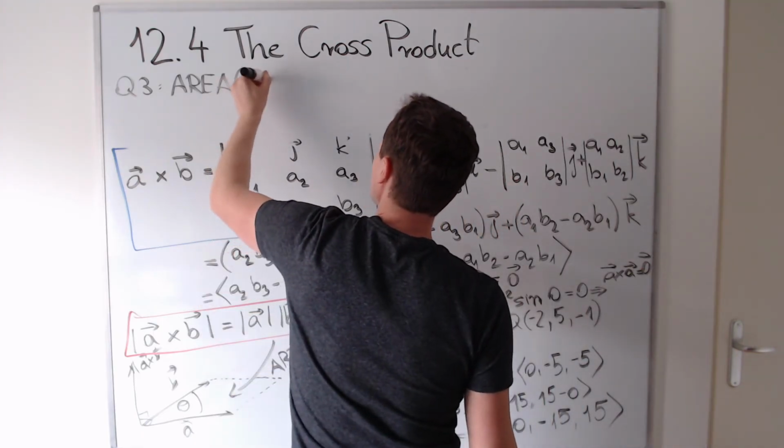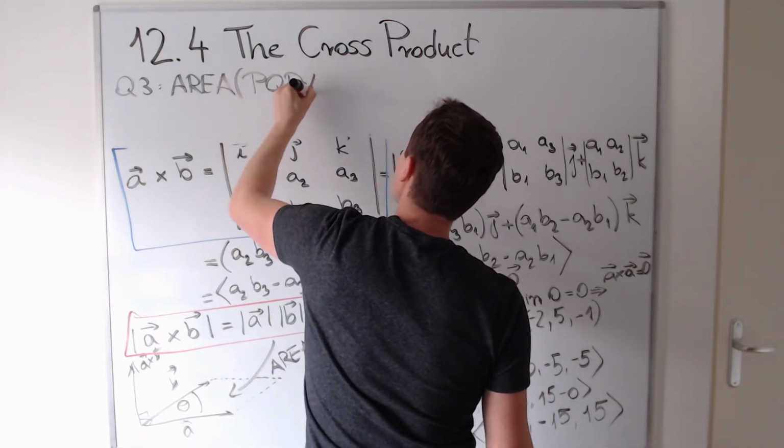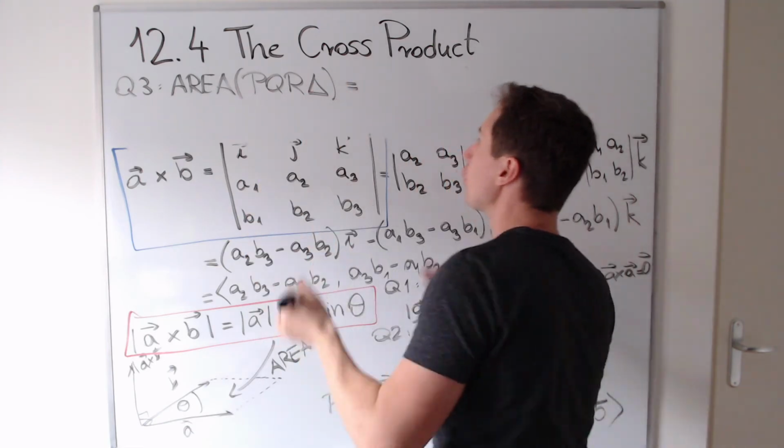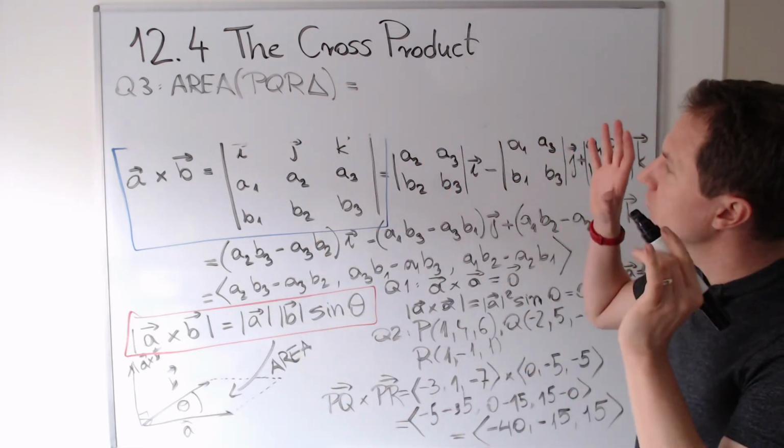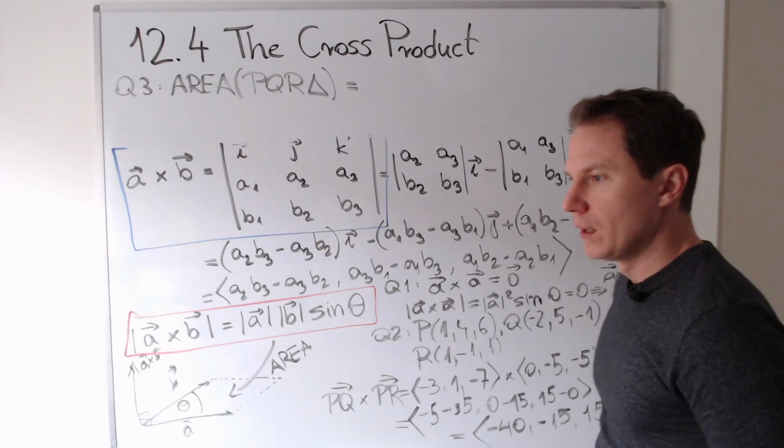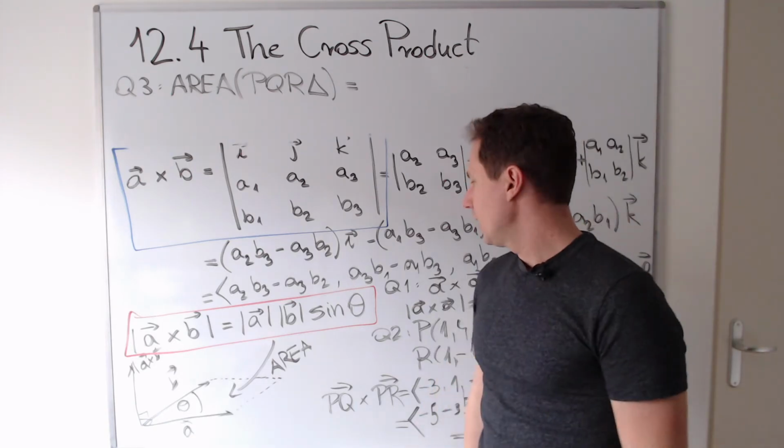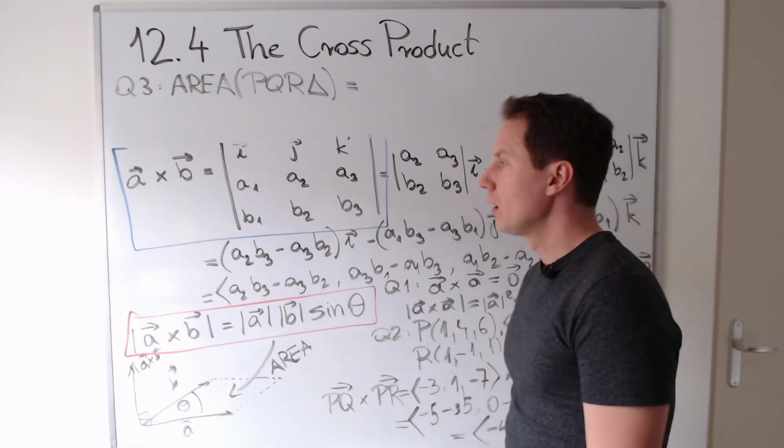So P, Q, R, when connected, form a triangle in 3D space, and I'm asking for the area of that triangle. Okay, pause the video and input your answer below.